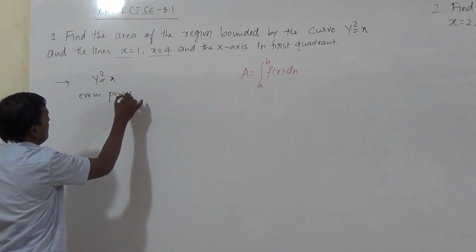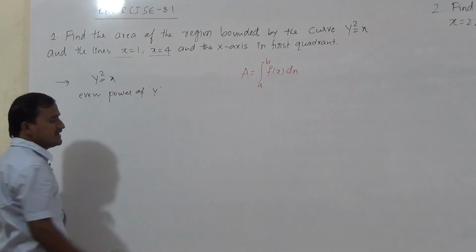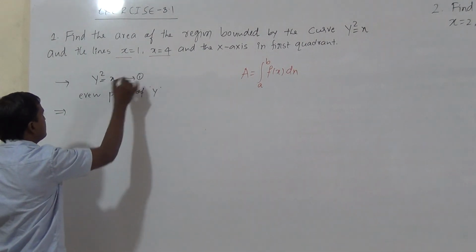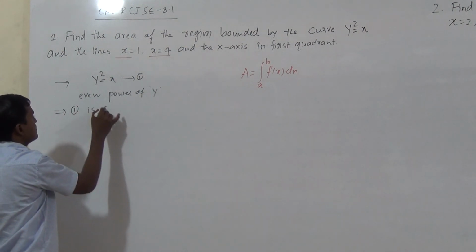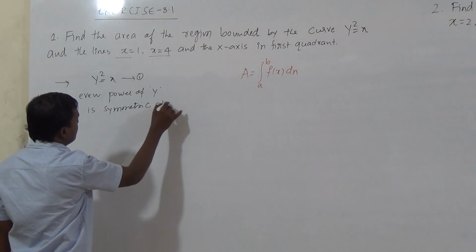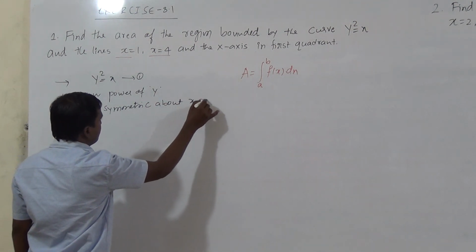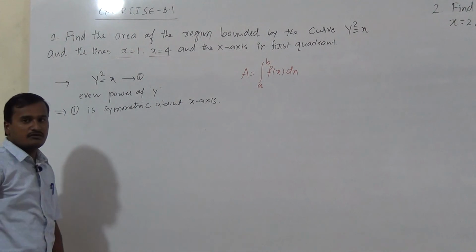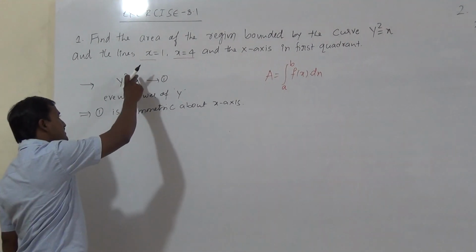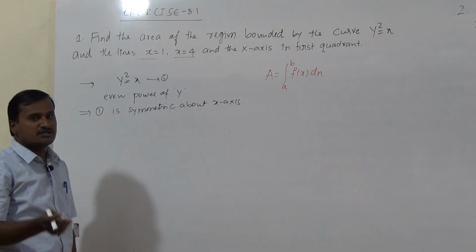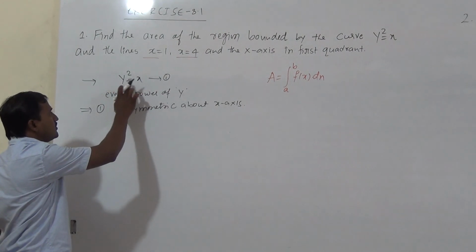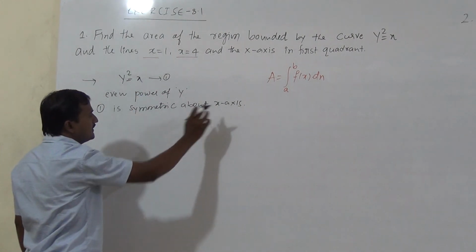If it is an even power of y, then clearly equation 1 is symmetric about the x axis. If it is an even power of x, then it is symmetric about the y axis. Therefore y square equal to x is symmetric about the x axis.